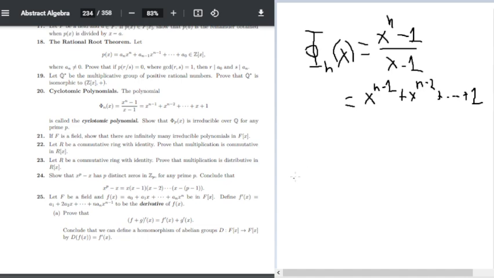It is for any prime p. So suppose that p over q is a solution for this. I think I see what they did there.